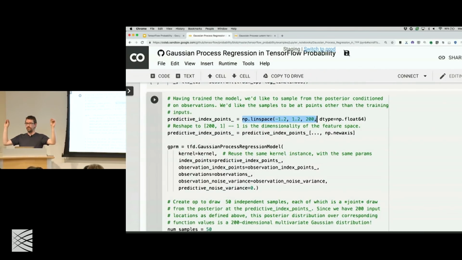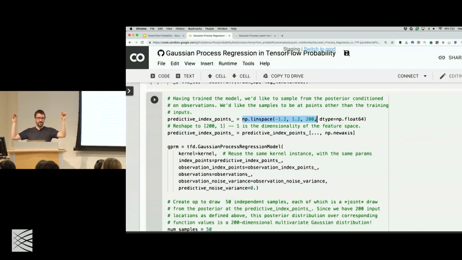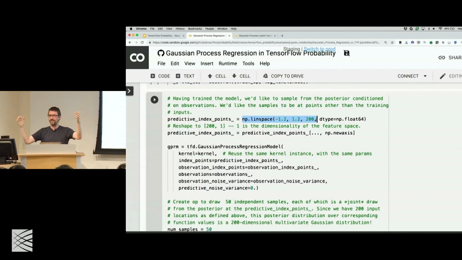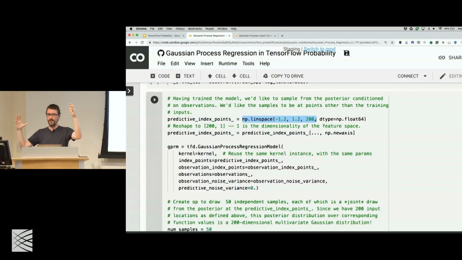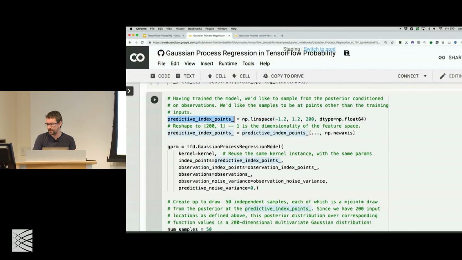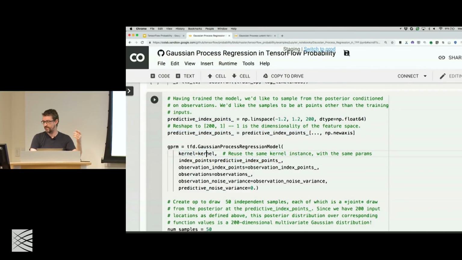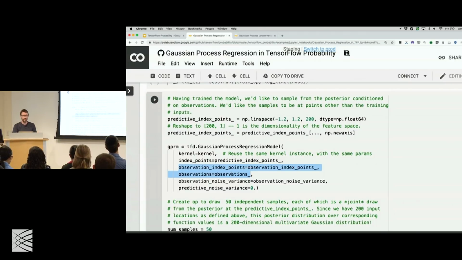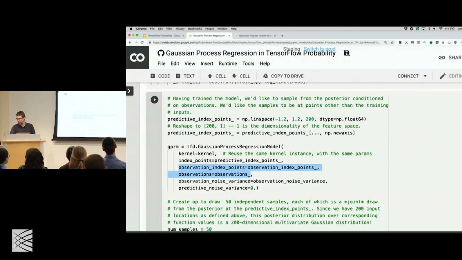And now I want to say, give me samples from the posterior at all of these, jointly over all of these points, conditioned on the observations, right? So now I have a 200 by 200 kernel matrix for these 200 predictive points. Those are my predictive index points. I'm going to feed those to the GP regression model with the same kernel, reusing the same parameters that we just learned. And I'm going to give it the locations of the observations that we want to condition on, as well as the observations themselves.